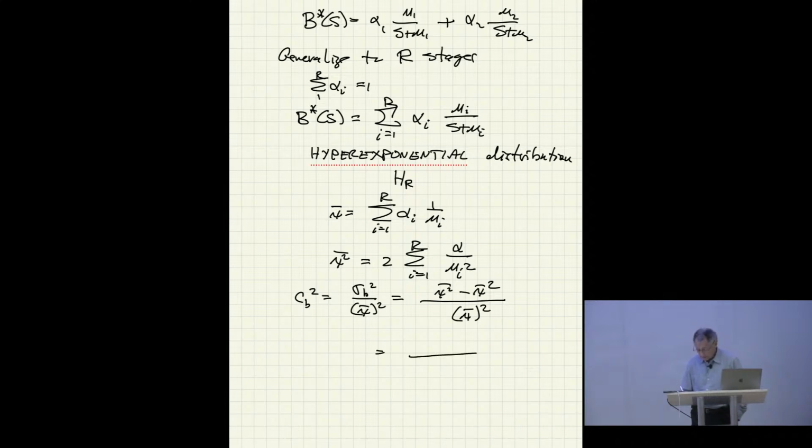That's equal to twice the summation from 1 to R of alpha i over mu i squared, over the summation from 1 to R of alpha i over mu i, quantity squared, all of that minus 1, because you notice this is the minus 1. Okay.